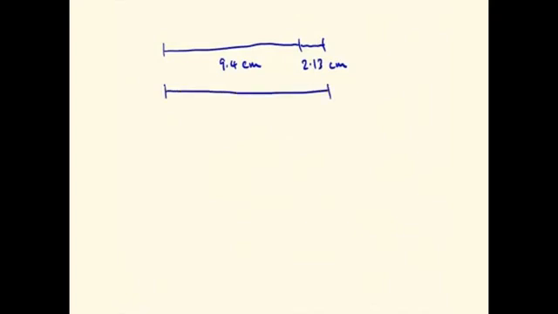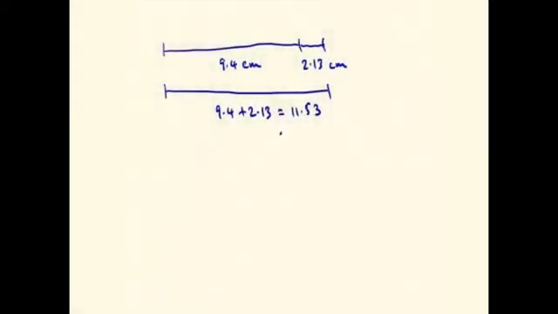So the combined length is 9.4 plus 2.13, and that's 11.53. Now the 3 in the 2nd decimal place can't be relied upon because the coarsest measurement is the 9.4. Because the coarsest measurement is to 1 decimal place, I'm not entitled to quote the answer to 2 decimal places, so I approximate this to the nearest number to 1 decimal place, which is 11.5.